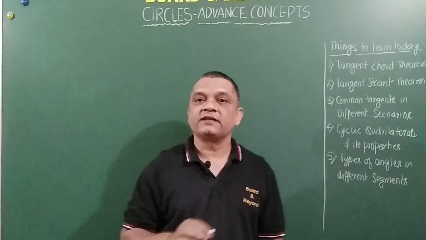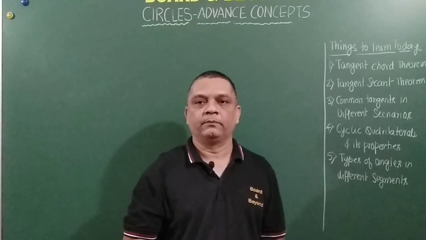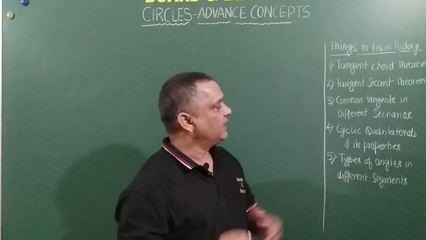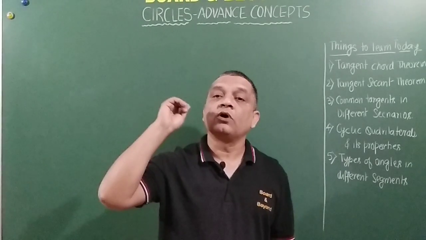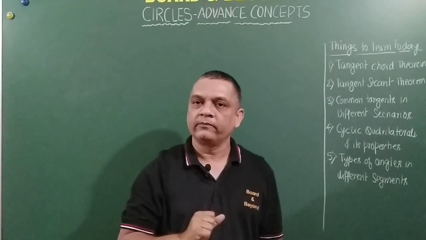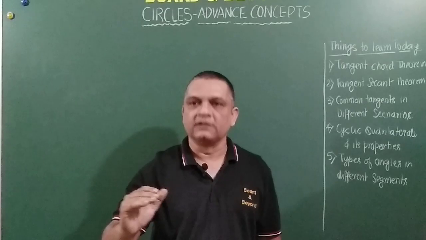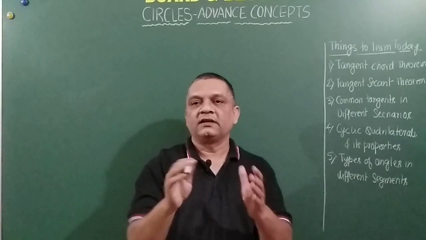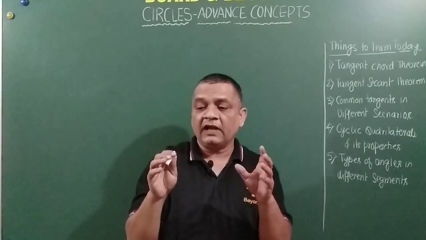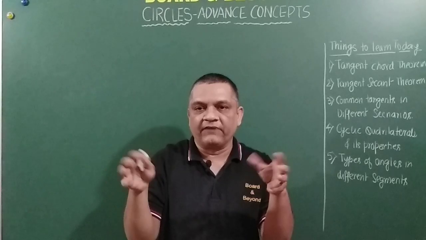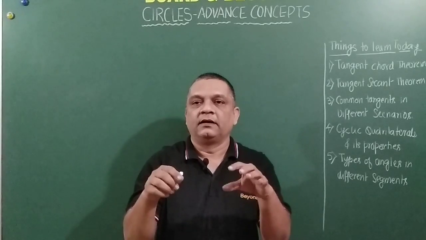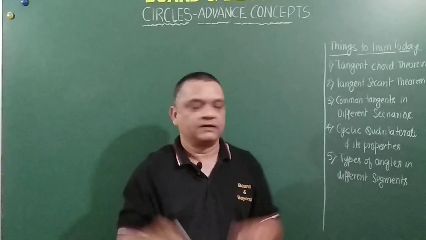We will also understand the tangent secant theorem. We will understand how many common tangents can be drawn touching two circles, when they are in different positions or different places, right?